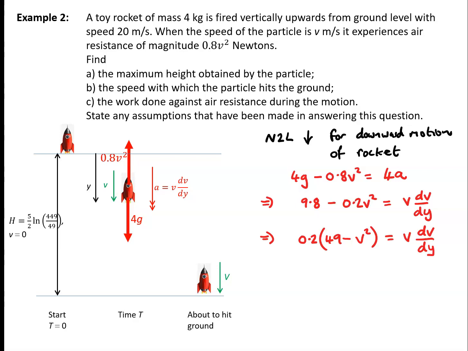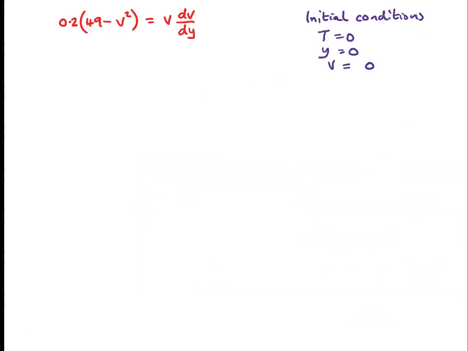And for this differential equation, we have initial conditions that when capital T is 0, so at the start of the downward motion, y is 0 and v is 0. So we've got this differential equation to solve, which again we can do by separating the variables.